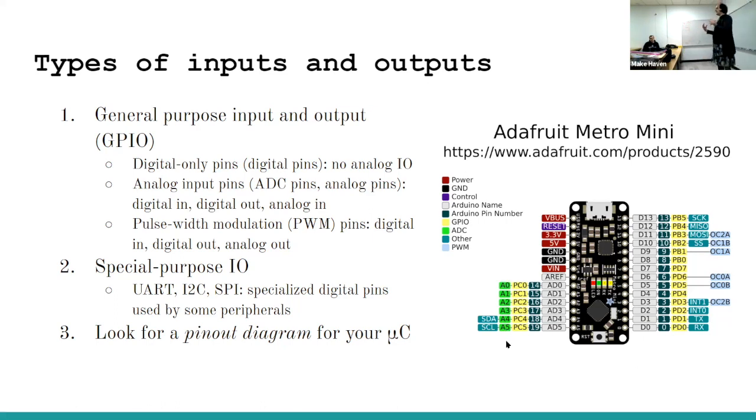So if I want an analog input, I have to hook up that analog input to an analog pin, aka an ADC pin on this microcontroller. On the other hand, if I want a digital output, I can use any GPIO pin for that digital output. So any one of these would work. SDA and SCL, which are labeled under other, are a particular type of special purpose IO.